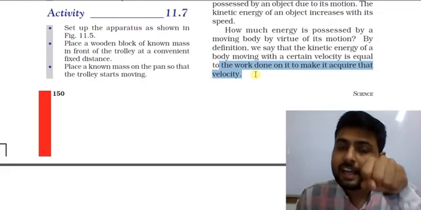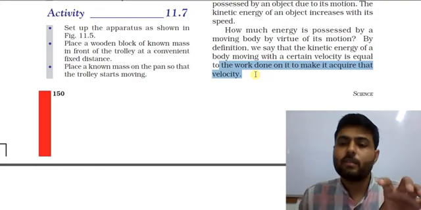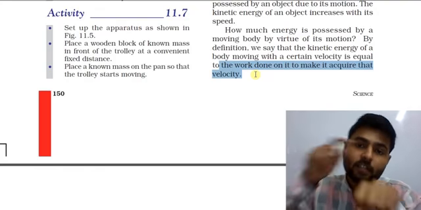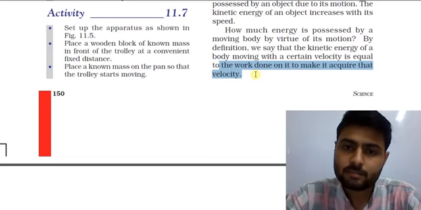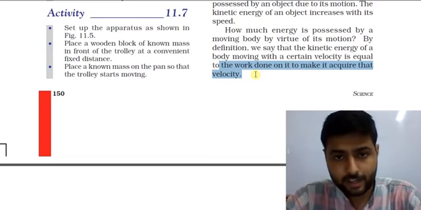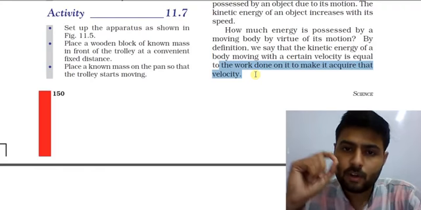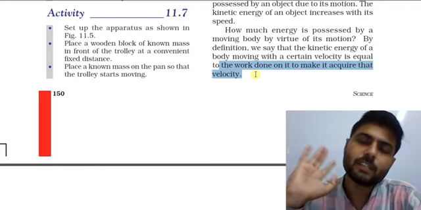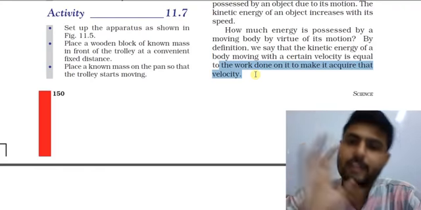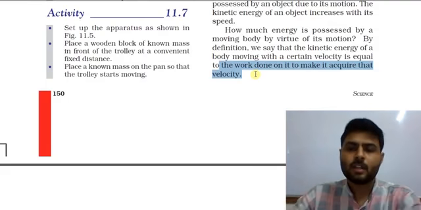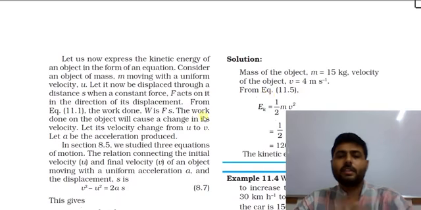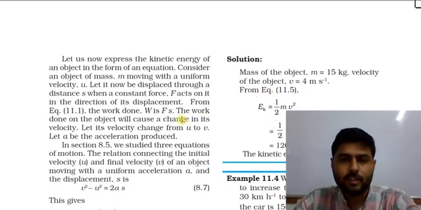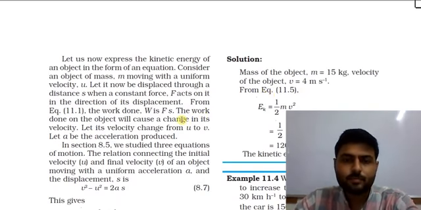So this energy is equal to the work done on this object. And what is work done? Work done is force into displacement. So now I hope you can understand the meaning of kinetic energy.